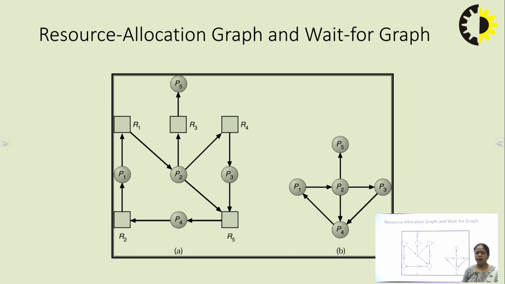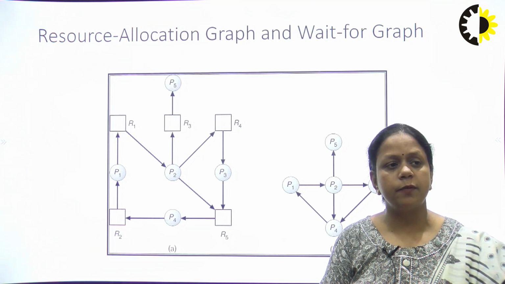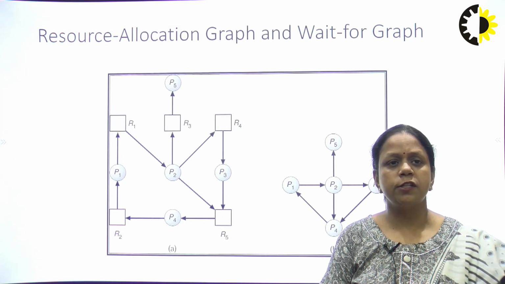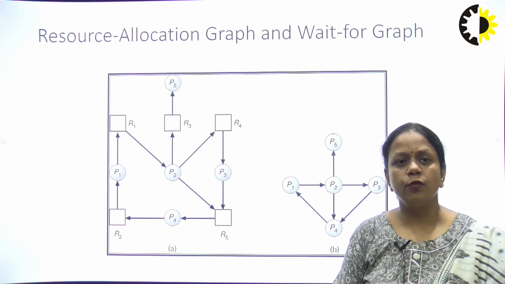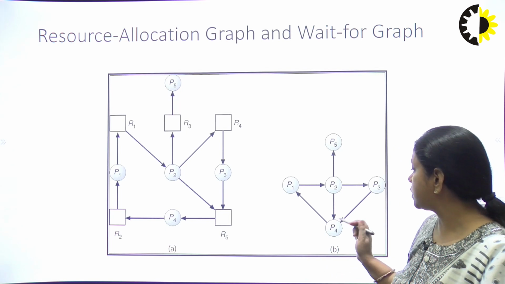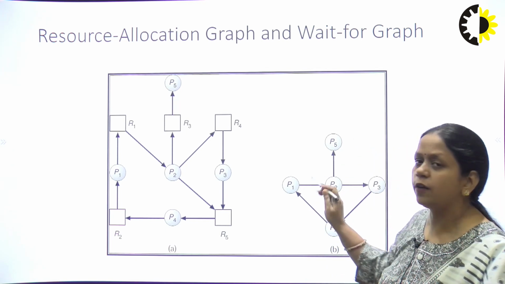I have already explained what the resource allocation graph is. In the resource allocation graph, we have some processes and resources, and by the help of request and assignment edges, we can draw this graph. Now this resource allocation graph can be converted into a wait-for graph, where we remove the resources. We show only the processes, which process is waiting for which process, and this is known as a wait-for graph.